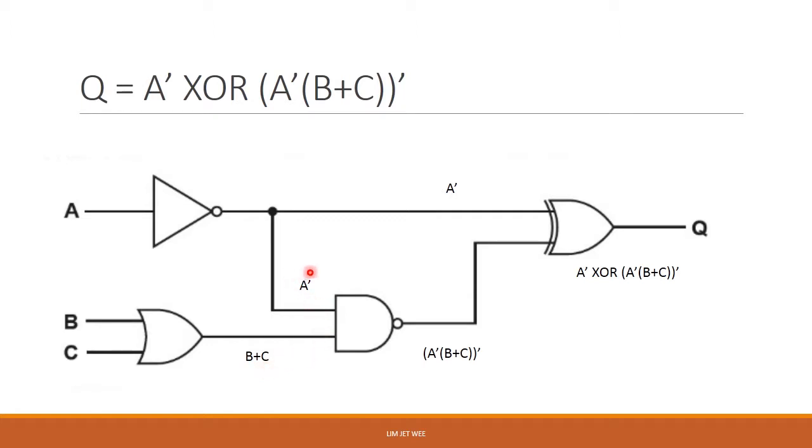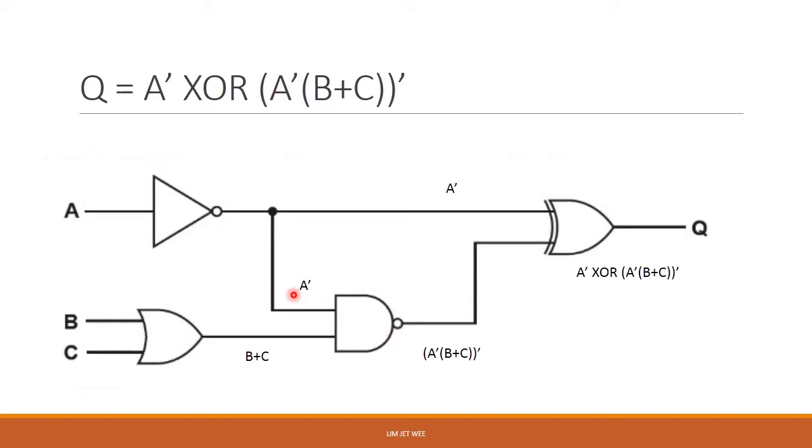Now you have NOT A and B plus C going into this gate. This is an AND, but there is a small little circle in front, so it is actually a NAND, N-A-N-D. So it is a NOT AND.